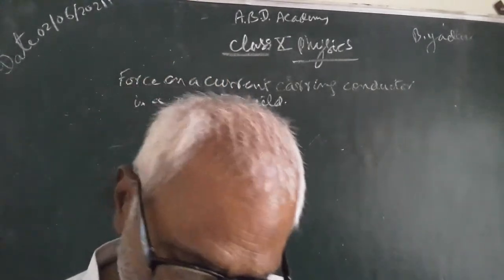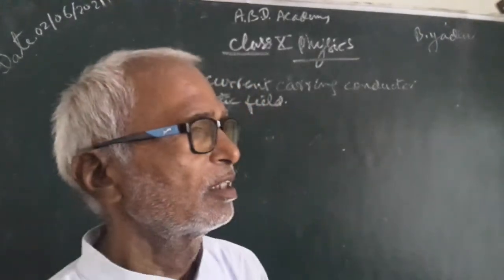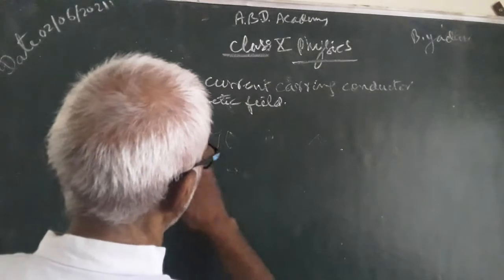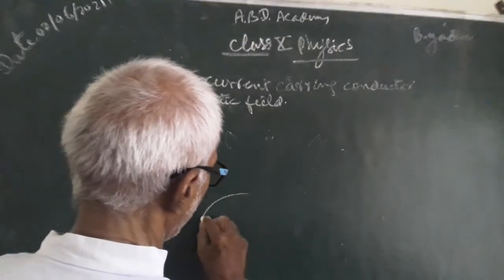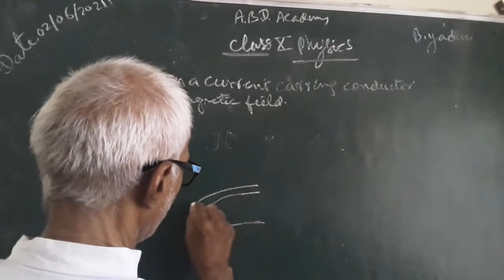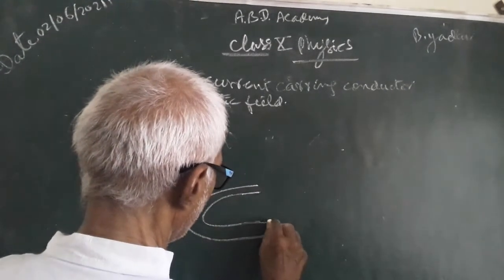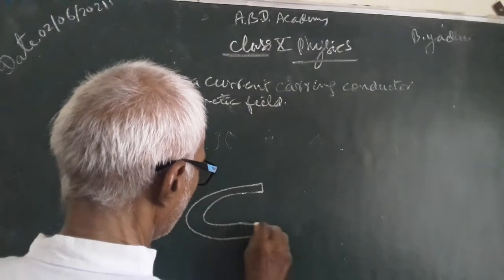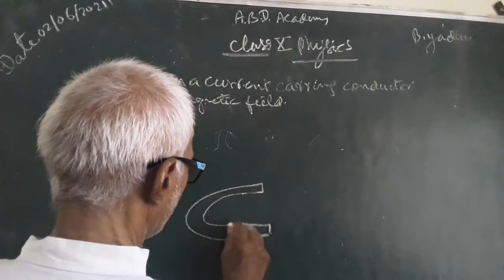Here, what happens when a magnetic field is there? Suppose this is a magnet, a horseshoe magnet containing two poles, one north pole, other south pole.